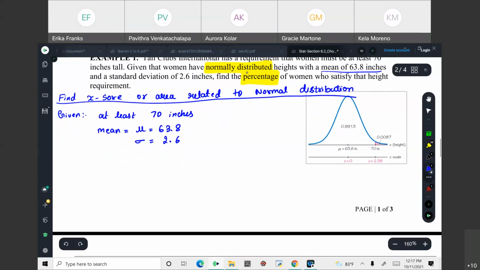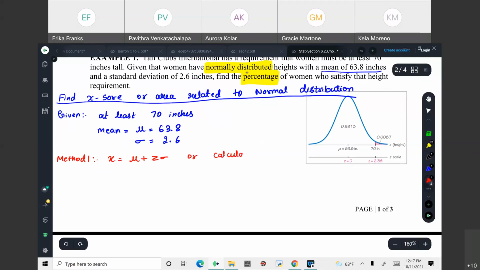Now we have two methods to do. Method 1, using the formula, that is x is equal to mu plus z sigma, or the calculator. So in the calculator, how do you use it? Inverse norm of the area, comma mean, and standard deviation.